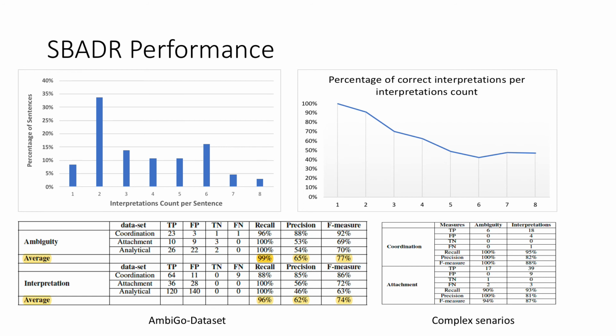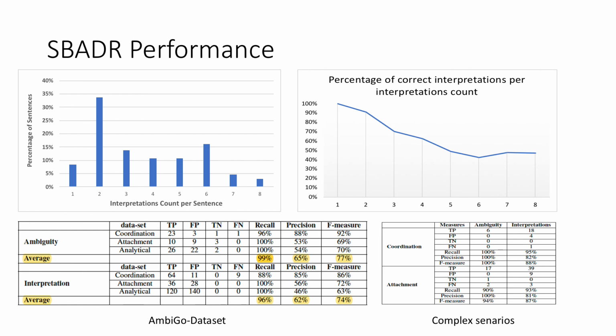In the first graph, we have the possible interpretations count per sentence, the percentage of sentences for each number of interpretations our system produces. And the second graph shows the percentage of correct interpretations for each interpretation count.